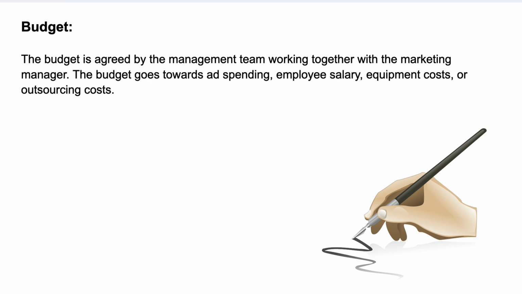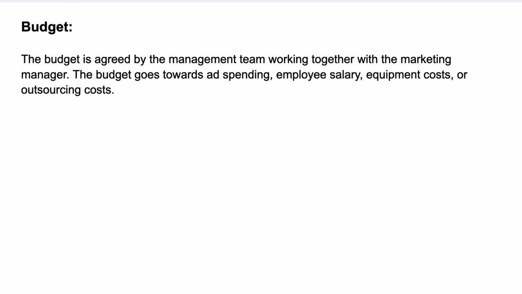Now let's begin exploring how to set the budget in your go-to-market strategy. You see the budget goes towards ad spending, employee salary, equipment costs, or outsourcing costs. Now for equipment costs, you may need all sorts of audio and video equipment and maybe a small space to actually record things. So let's say $3,000.